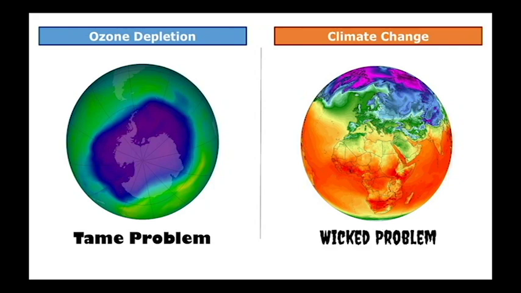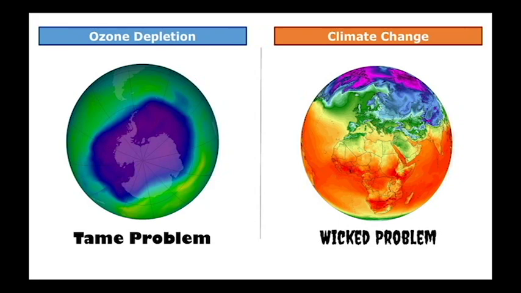And climate change falls into the category of wicked problems, which are basically the opposite of tame problems, where there's complexity and urgency and all this kind of interconnectedness involved in them that makes them a little bit trickier to solve. And so when you're looking at sustainability problems, you have to use a different skill set in order to address and to solve those problems. You can't use the same simple problem-solving techniques that you would for a tame problem like ozone depletion.